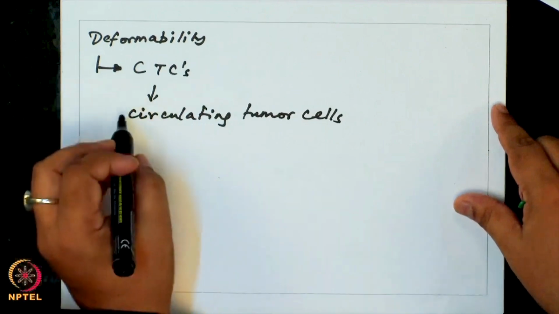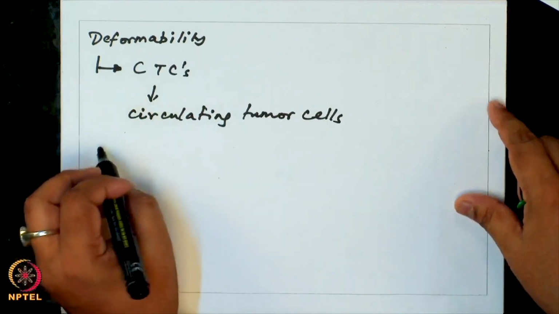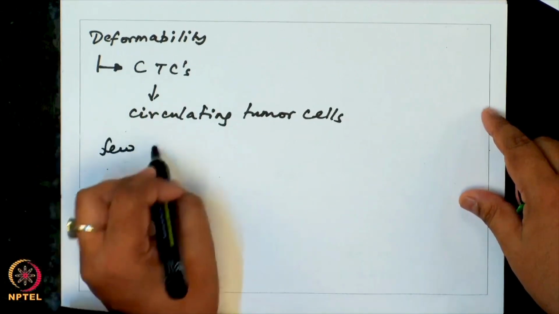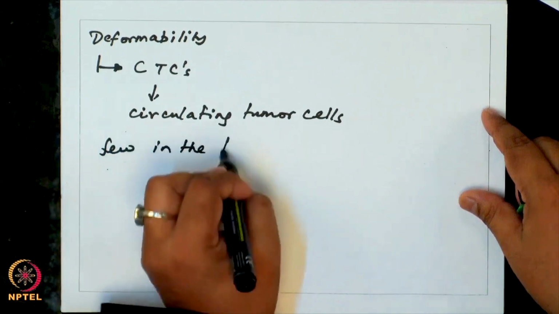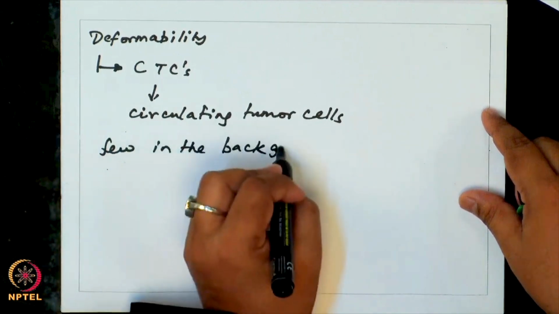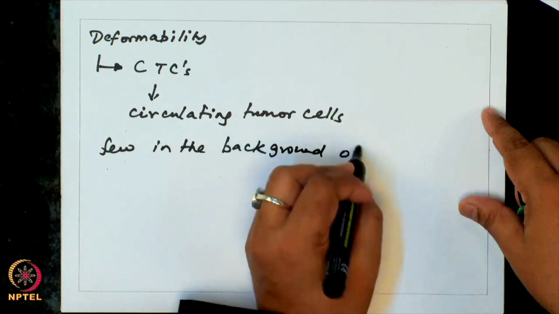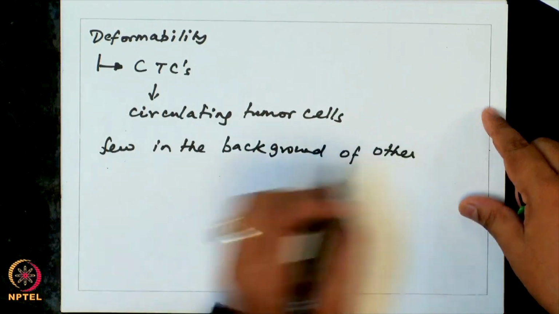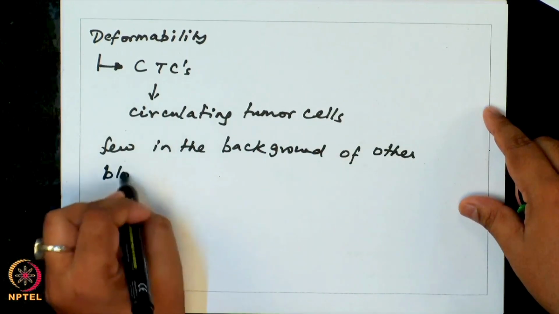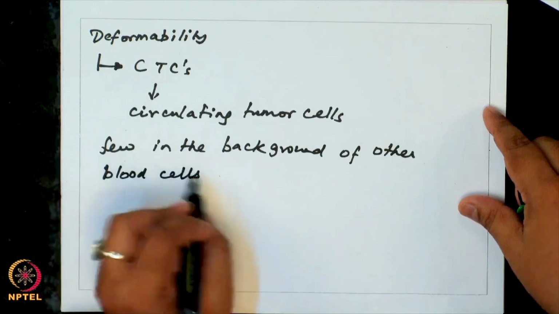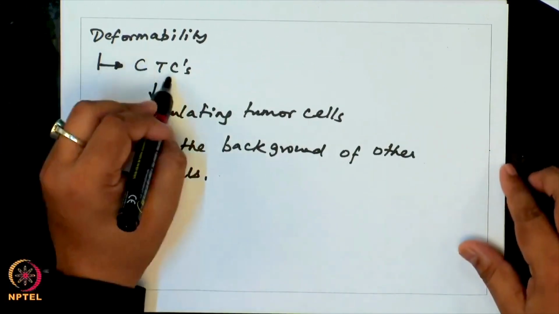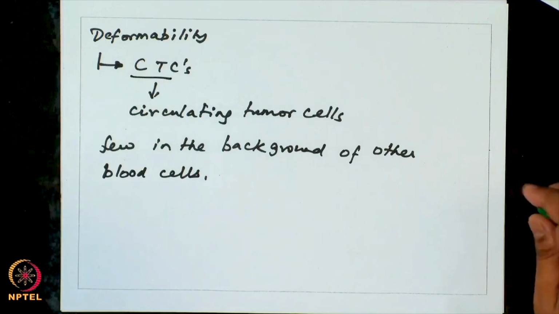Now, these CTCs are very few in the background of other blood cells. So, how do you isolate these circulating tumor cells is the question.